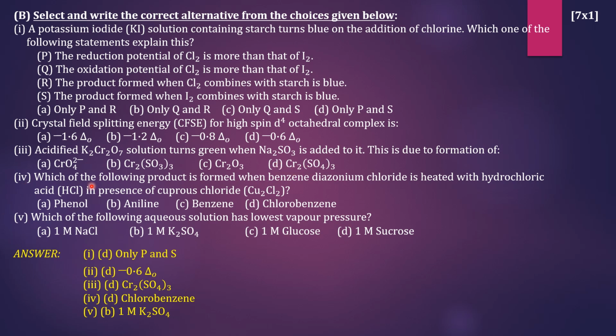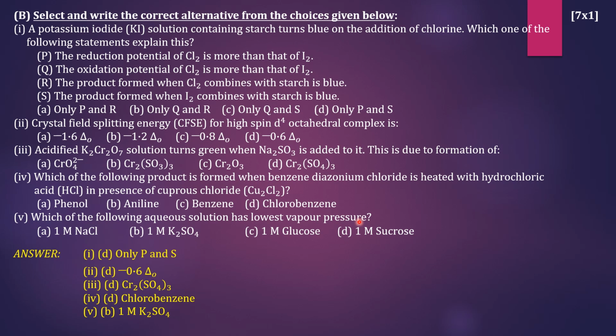Number 4, which of the following product is formed when benzene diazonium chloride is heated with hydrochloric acid in presence of Cu plus chloride? This is the famous Sandmeyer reaction, so answer will be chlorobenzene. And number 5, which of the following aqueous solution has lowest vapor pressure? If the vapor pressure is lowest, that means the lowering in vapor pressure is highest. So we have to see where the colligative property will be highest.